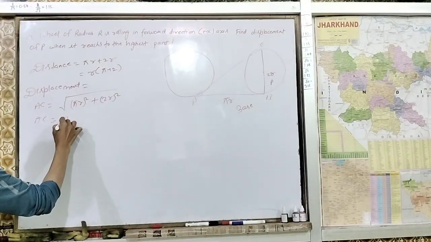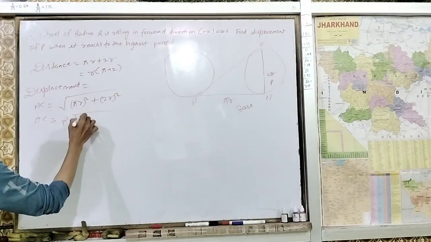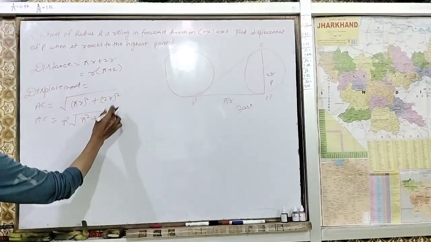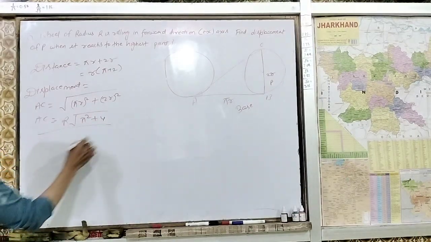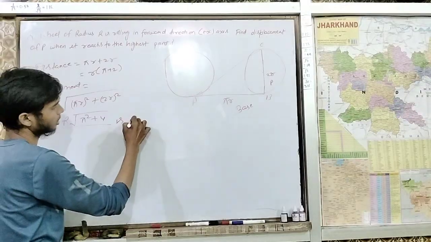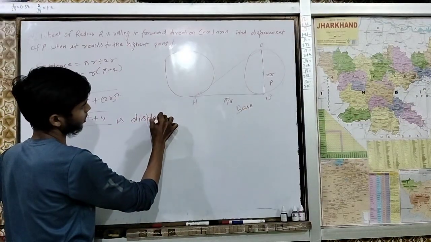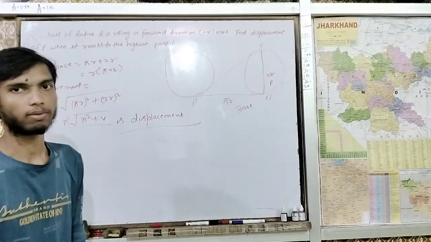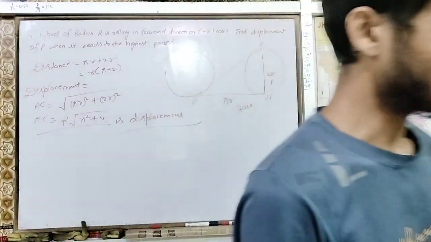R is common. Pi r square will be as it is, and 2 to the 4. This is our final displacement. This is what the question was asking, and we found it.